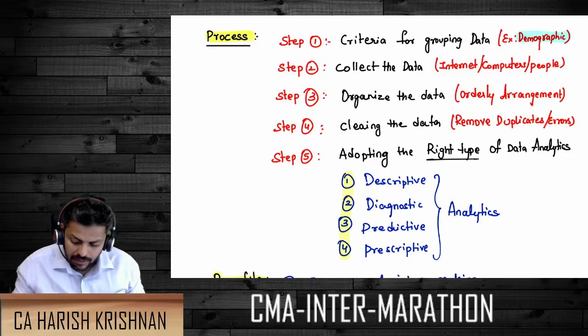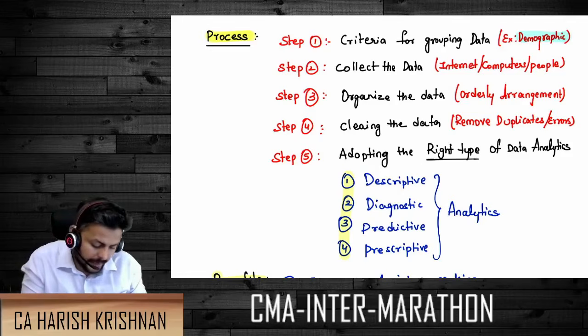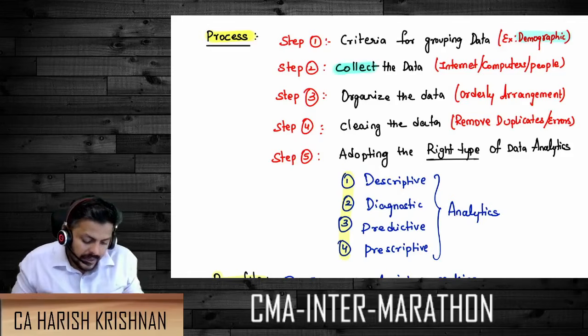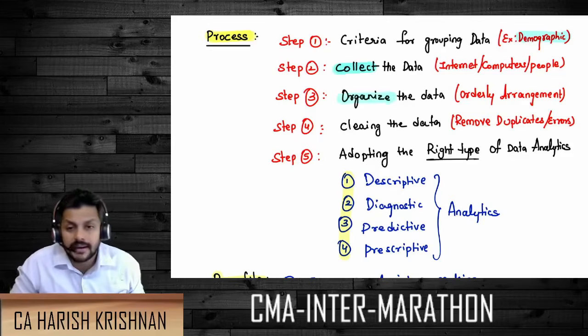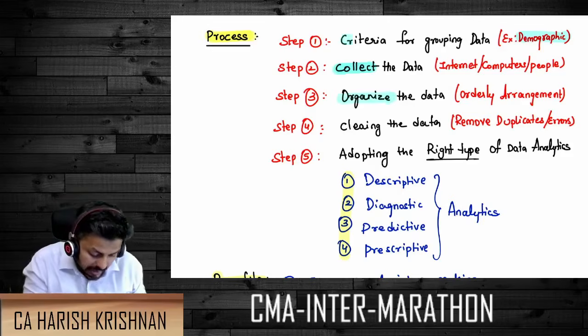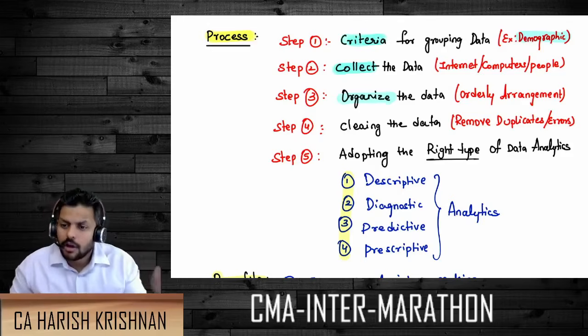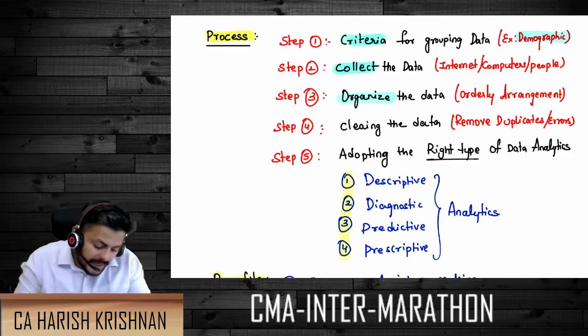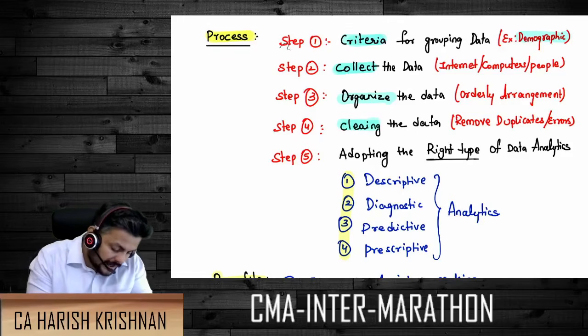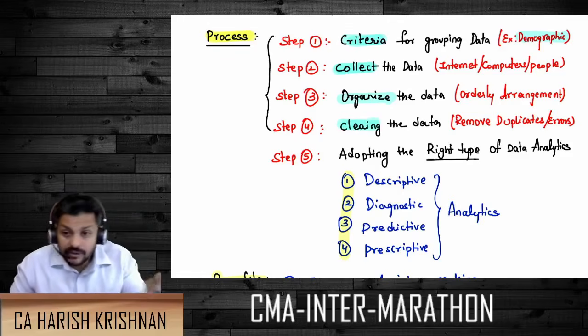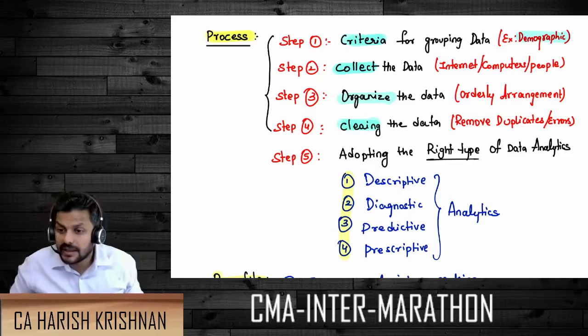Then we are talking about collecting the data from the internet or from previous data, computers, people, all of that. Collect the data. Then we are talking about organize the data. So first one, criteria, then collect the data from various sources, organize the data, clean the data. Till here I don't think anything will be difficult, because that is what we discussed thus far in the other chapters.